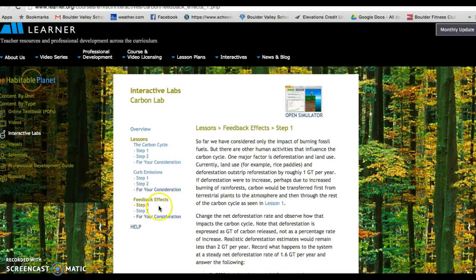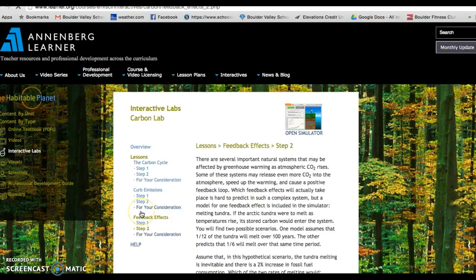So the last one for lesson 3, step 2 right here, is you're going to find possible scenarios related to a change in the carbon cycle. For example, in this case, we're looking at the feedback effects of having the tundra melt, because we've seen the relationship between temperature and greenhouse effect.